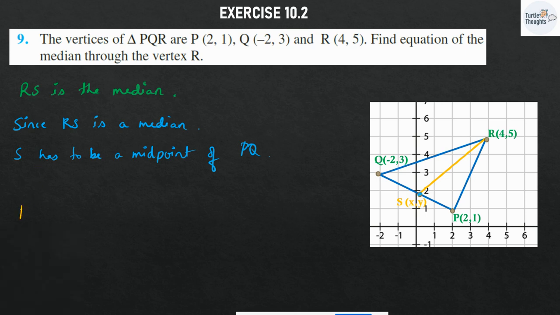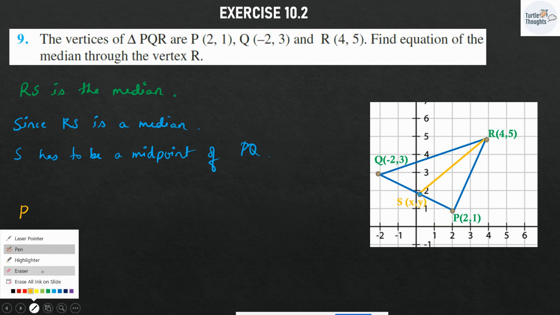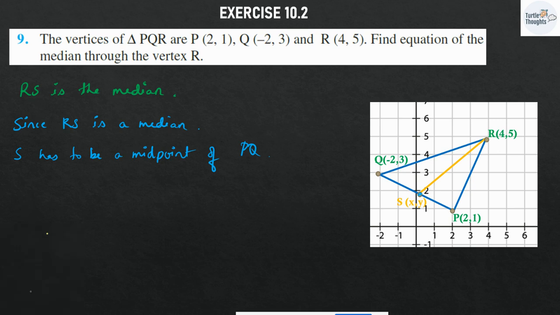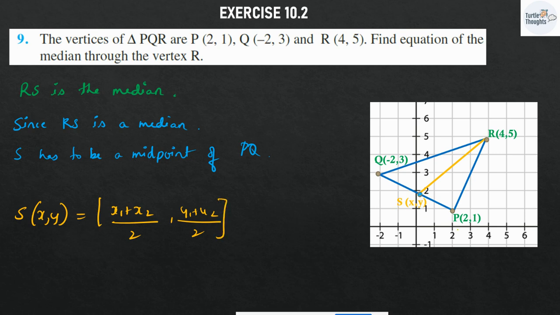I know that the midpoint formula is given by, I will write for S only, S (x, y) is given as ((x1 + x2)/2, (y1 + y2)/2). Now I can consider P as (x1, y1) and Q as (x2, y2). So I'll be taking P, which is (2, 1), as (x1, y1), and Q, which is (-2, 3), as (x2, y2).